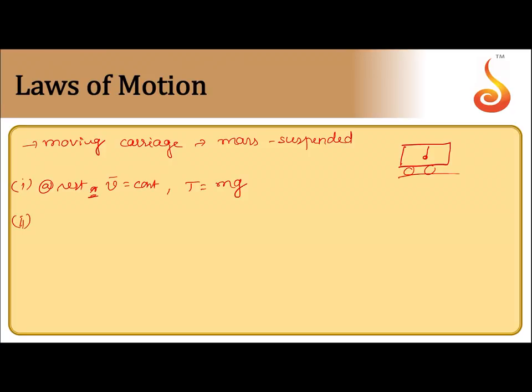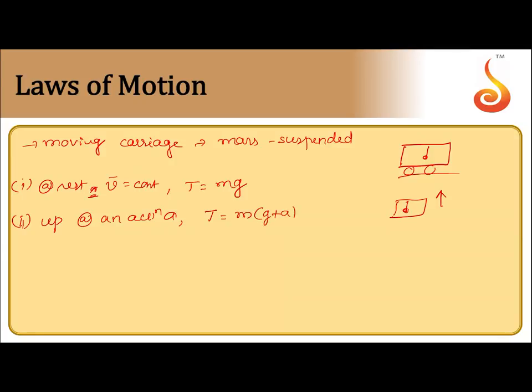Second case, let us assume that this carriage is now moving up. It is moving up at an acceleration a. So what is the tension in the string? This is nothing but m(g + a).